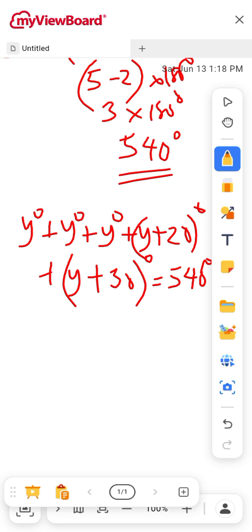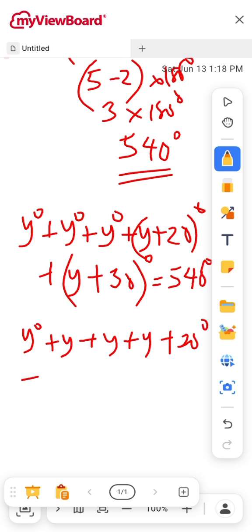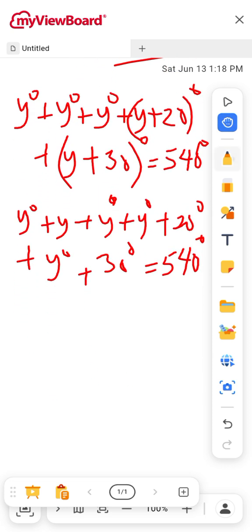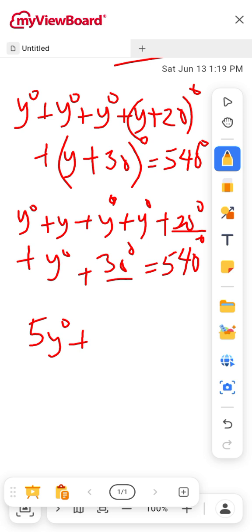So we had those things that look alike. We have y plus y plus y plus y plus 20 plus y plus 30 degrees. Are we together? Equals 540. Okay, so let's add them together. y plus y plus y plus y plus y, that is 5y degrees. 20 plus 30 will give us 50, equals 540 degrees.